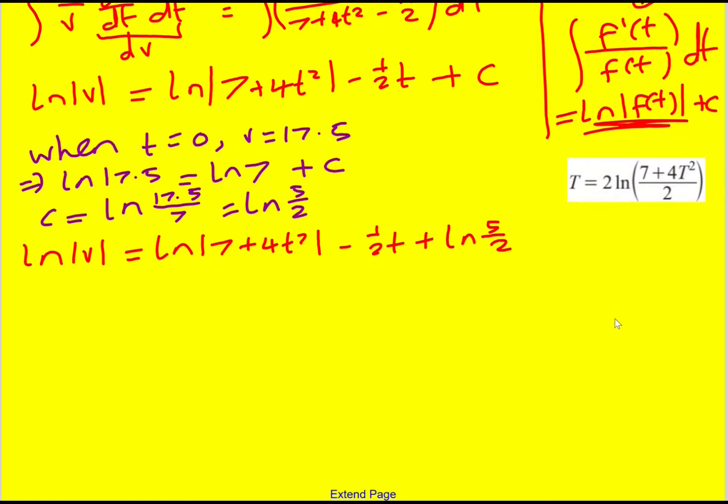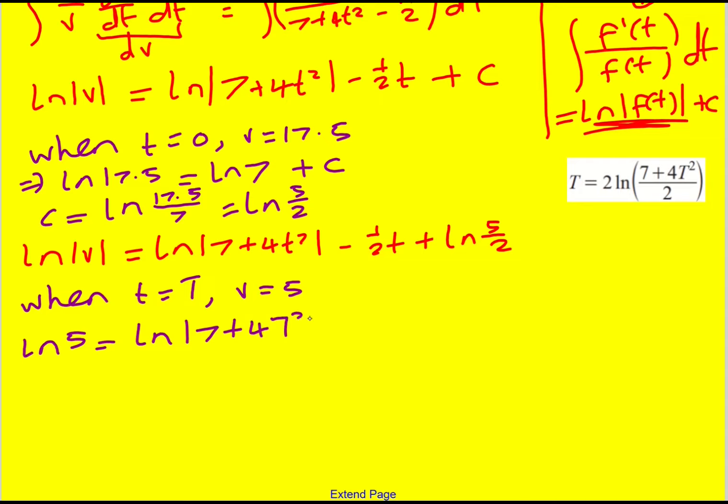Have this in the background. So now I can say that ln 5 is going to equal ln 7 plus 4t squared, minus a half t, plus ln 5 over 2.